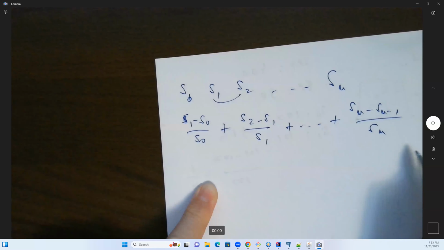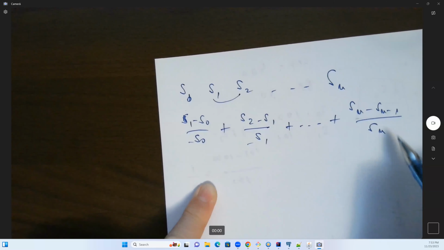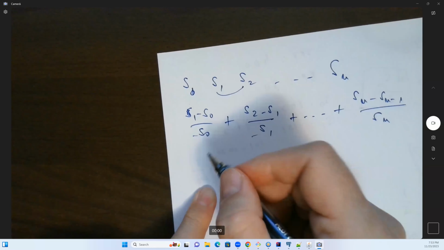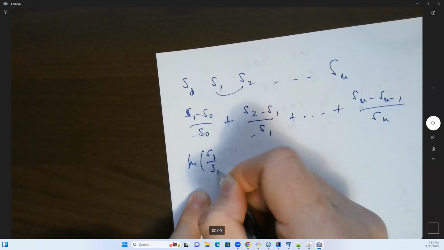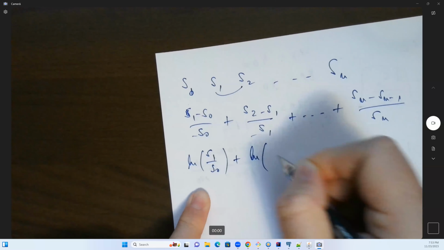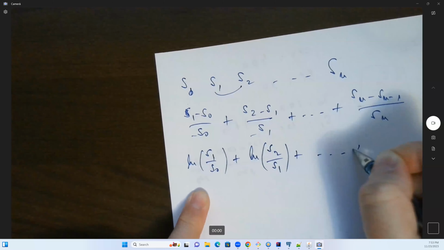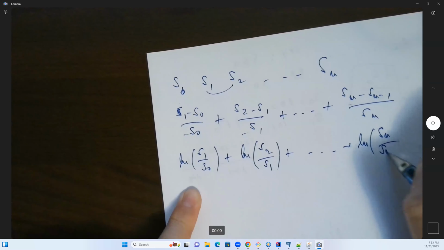Well, this thing is very difficult to calculate because we don't have the same denominator. So instead of using this, we are going to use logarithms. So in log returns, we'll have logarithm of S1 over S0 plus logarithm of S2 over S1 plus logarithm of Sn over Sn minus 1.